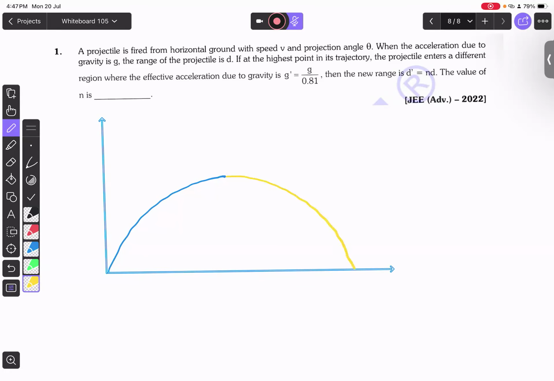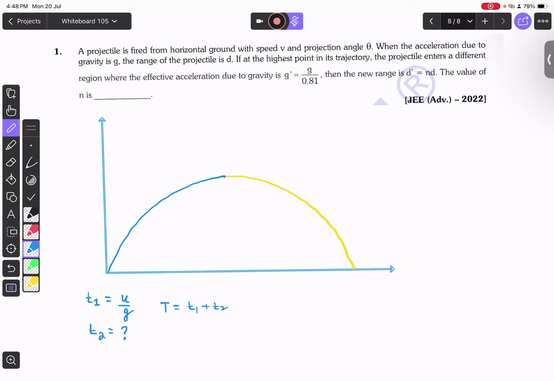So time taken to cover that blue part, that is the time taken to reach maximum height. So T1, the blue part, is going to be U by G. T2 we don't know, the time taken to drop from maximum height to the ground. And we have to find total time, which will be T1 plus T2.